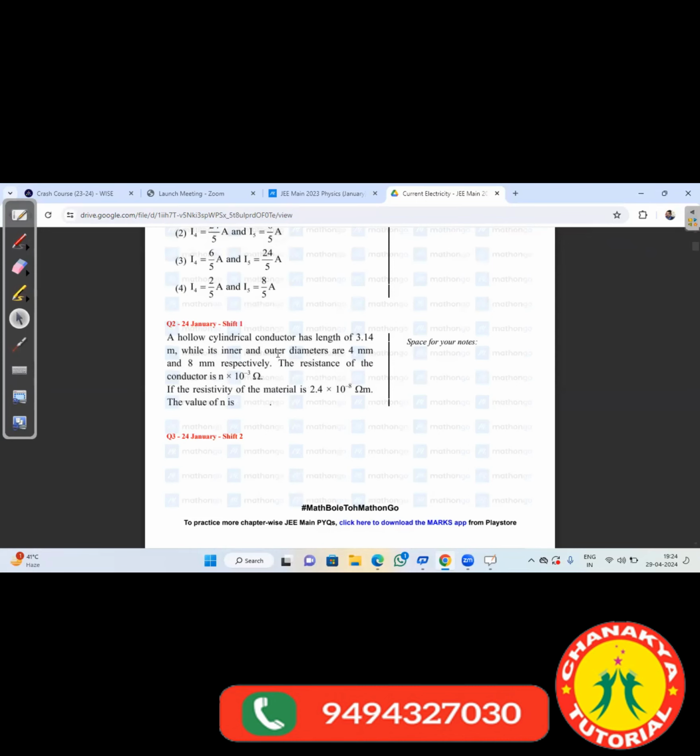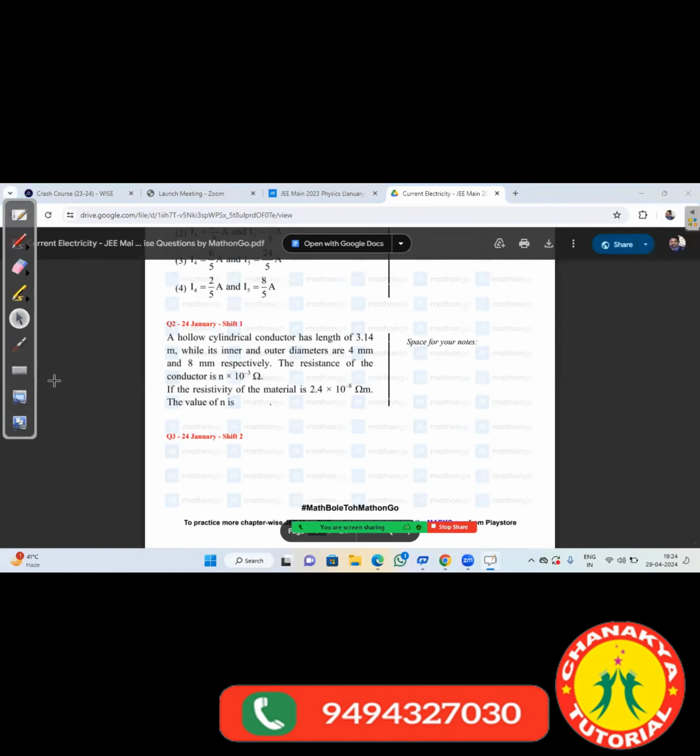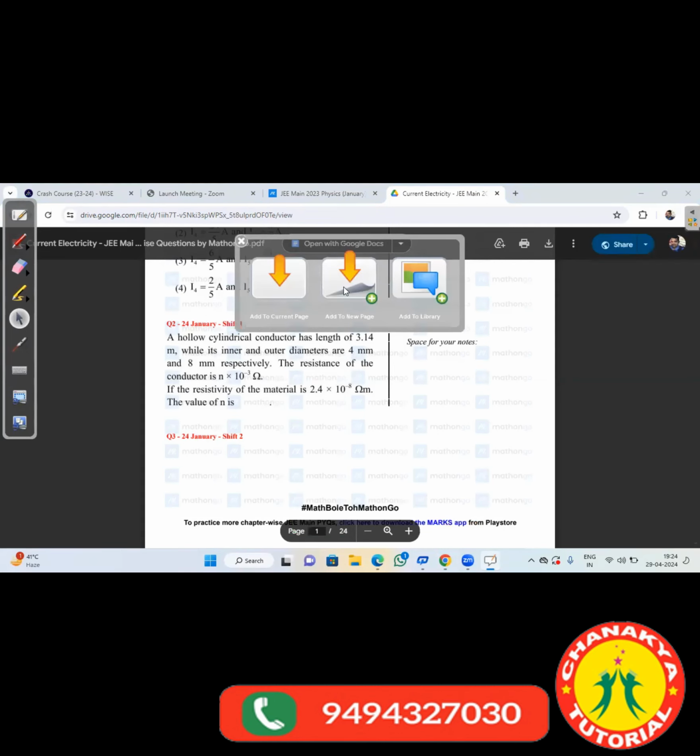Also, resistivity is given to you. So can you use the formula? Yes, sir. So here we will have R equals rho L by A. So you need to find out area.